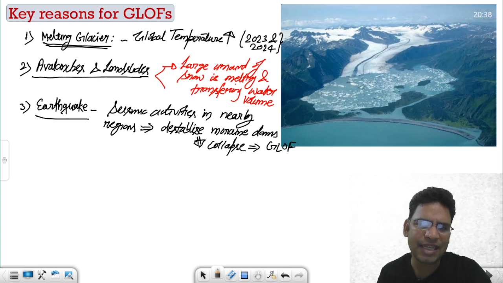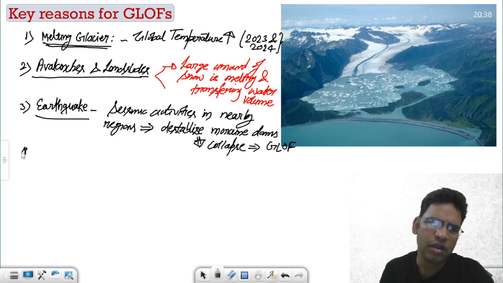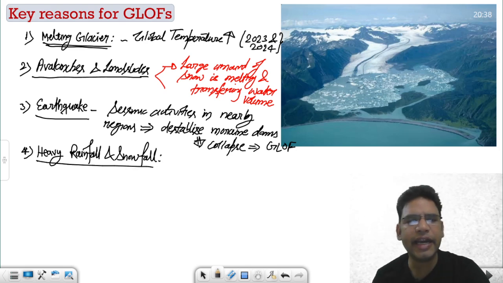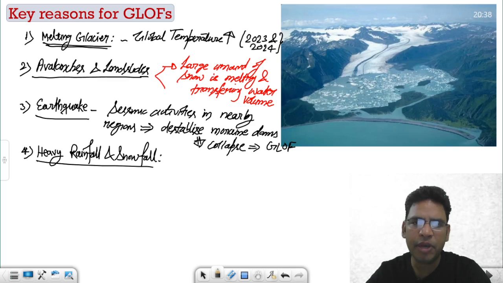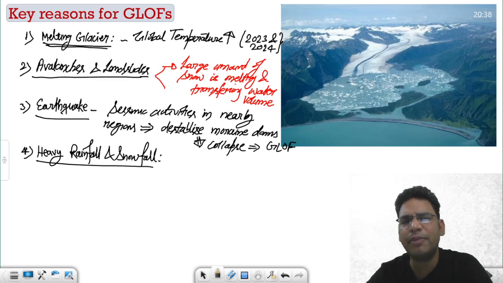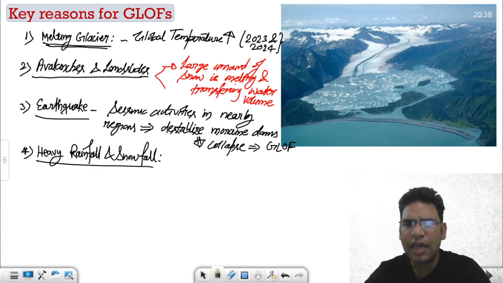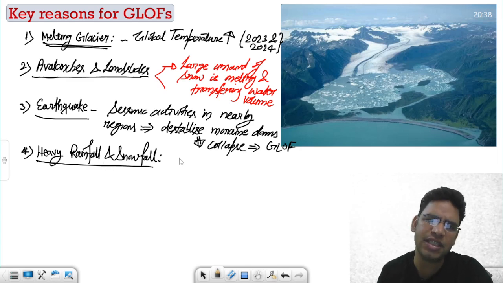Apart from earthquakes, sometimes heavy rainfall and snowfall, it can be also a reason for such kind of events, because extreme precipitation events will basically fill these lakes so quickly, so speedily, and therefore water pressure will increase, and it will lead to the failure of these dams, right?